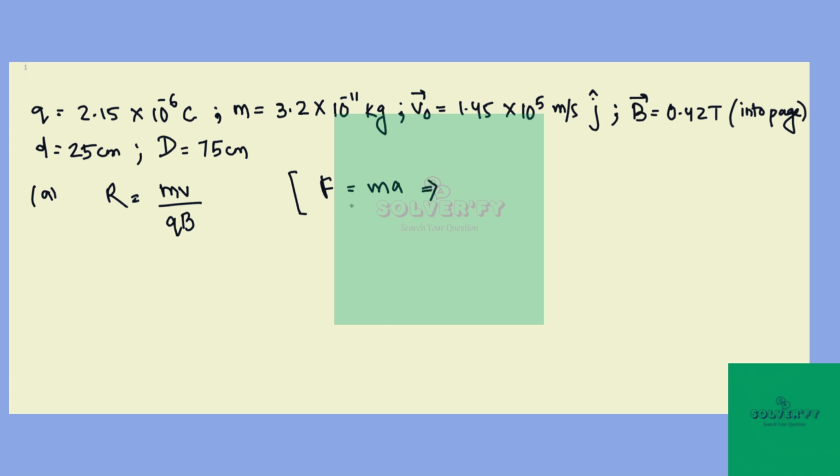In the case where the path is traveling along a circle or semicircle due to the magnetic field, the force is given by qvB, because sine phi is 1 here. This is equal to the centripetal force, so mass times the centripetal acceleration, which is v squared over r, and this gives r to be equal to mv over qB, the equation that we are using here.